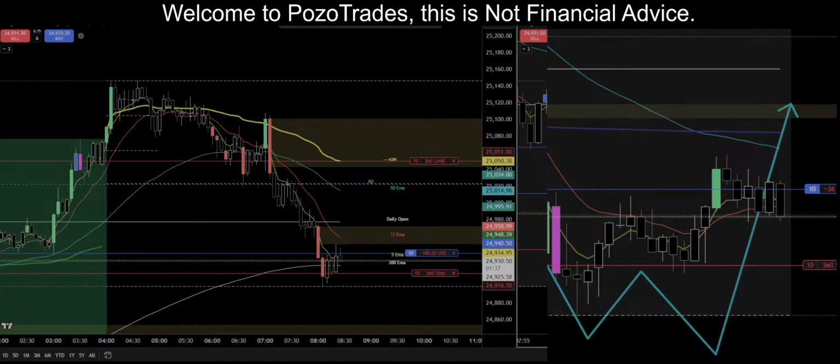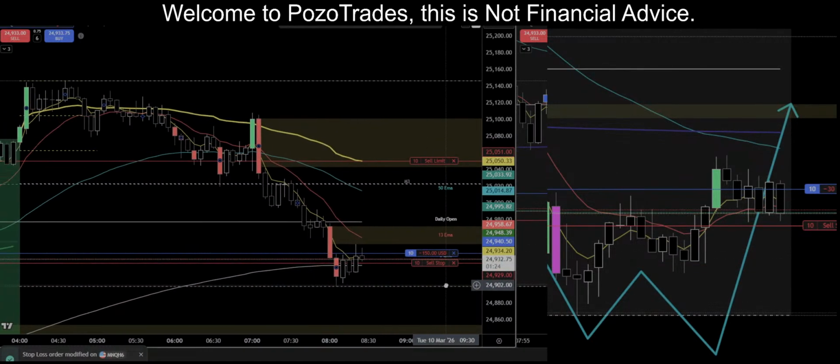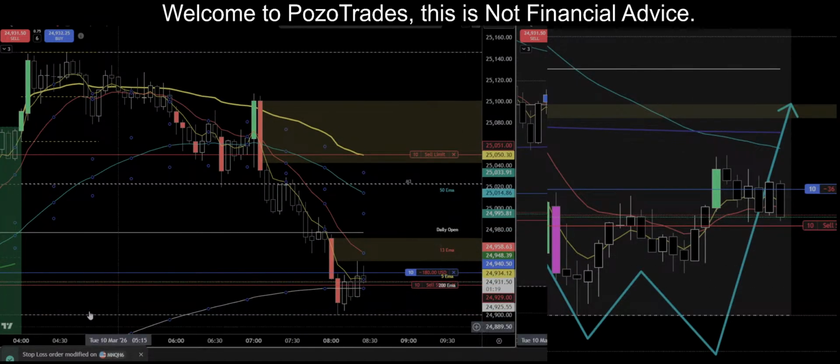No. Okay. So this is where I have to make the decision if I cut it. I think I am going to cut it. We'll see. If it breaks lower here, I'm gonna move my stop up. Just not looking exactly how I want it to.